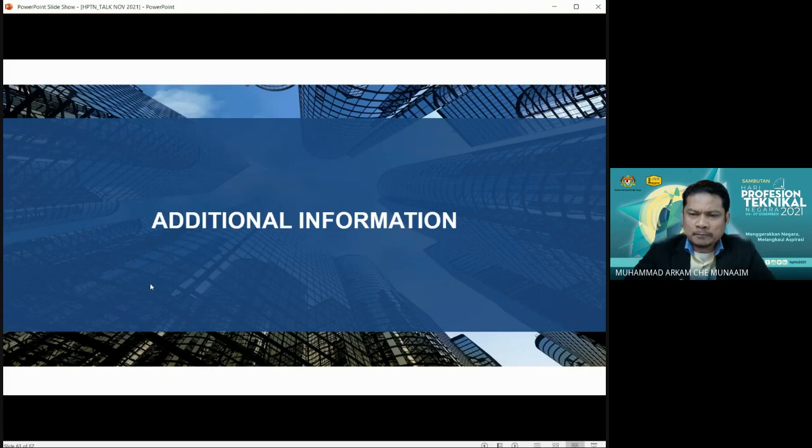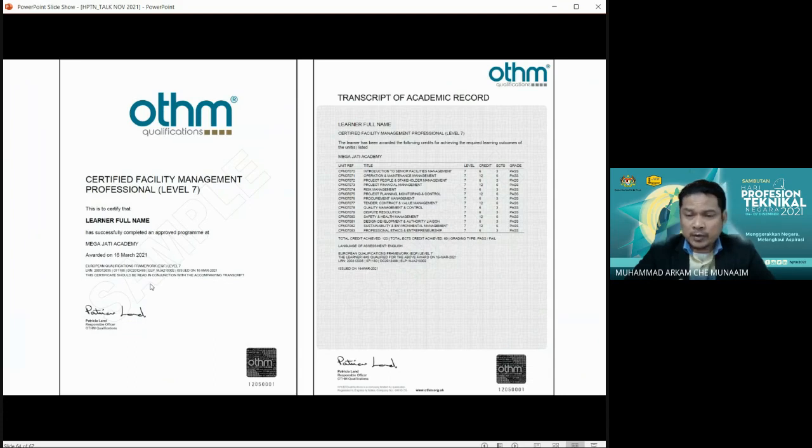Myself as a PLB, Penyedia Latihan Bertauliah, a certified training provider, we have also prepared the program to be carried straight away to the United Kingdom through this OTHM qualification under the European Qualification Framework Level 7. So the program has now also been recognized at Level 7 of the European Qualification Framework.